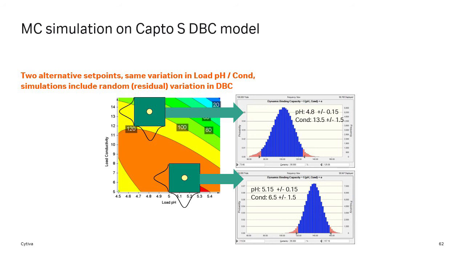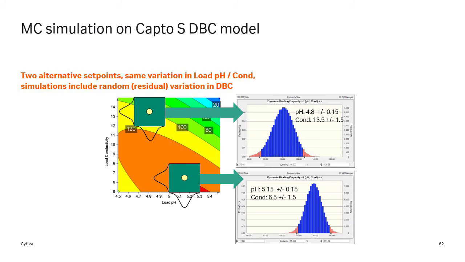We have a set point at this setting here, with some variation room around it. So we have some normal distribution in pH around this point, and we have some variation on the conductivity around this point. So we more or less have set a control space or an operating space here within the purple square.